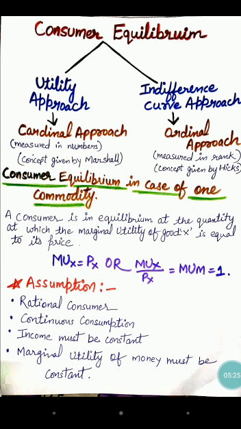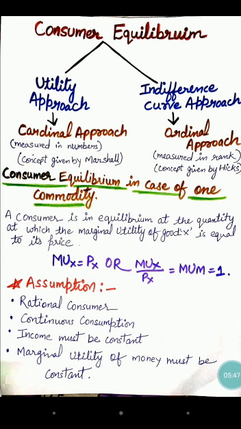Simply, if anybody asks you when the consumer gets equilibrium in case of one commodity, you have to say: when the marginal utility of commodity X is equal to the price of X, or MUX upon PX equals MUM. And MUM is the marginal utility of money, or the worth of money.